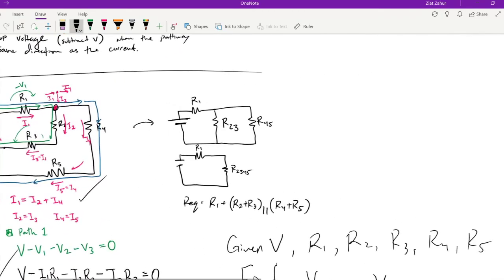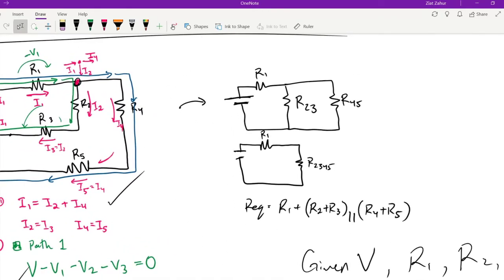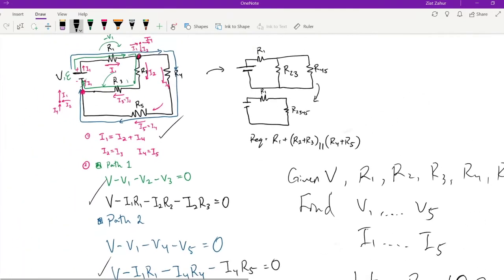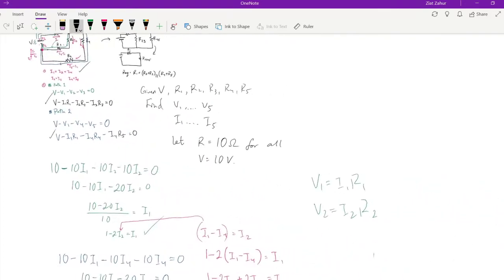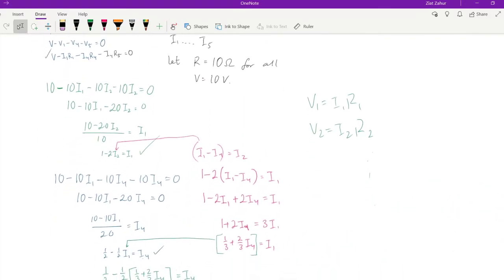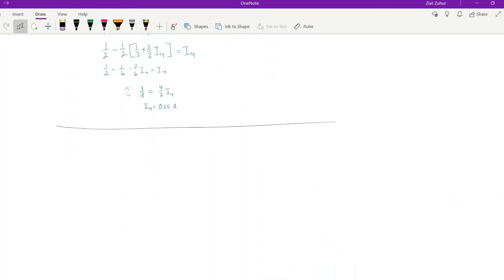Yes, by simplification. When we simplify down, we can solve for R equivalent. Once you know what R equivalent is, you can solve for I total, and you can see how I total is equal to I1. So, alternative solution. We know that R equivalent is equal to R1 plus the parallel of 2, 3, and 4, 5.